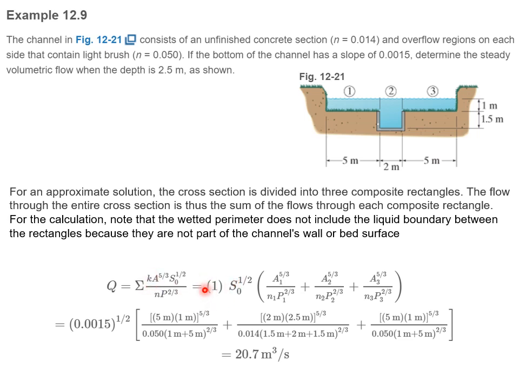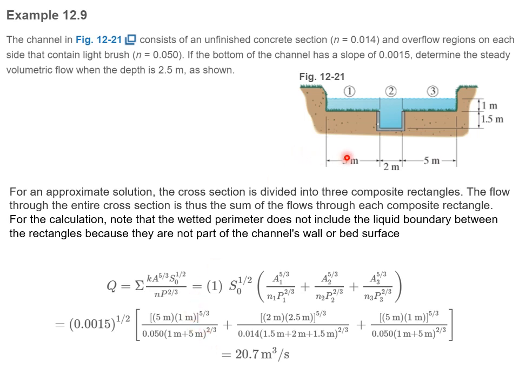That's where the 1 comes from. So all that's left is the area divided by n times the perimeter on each of those. A1 is the area of the first rectangle, P1 is the perimeter, n1 is the n value for this one. Same thing for rectangle 2, and then for rectangle 3.